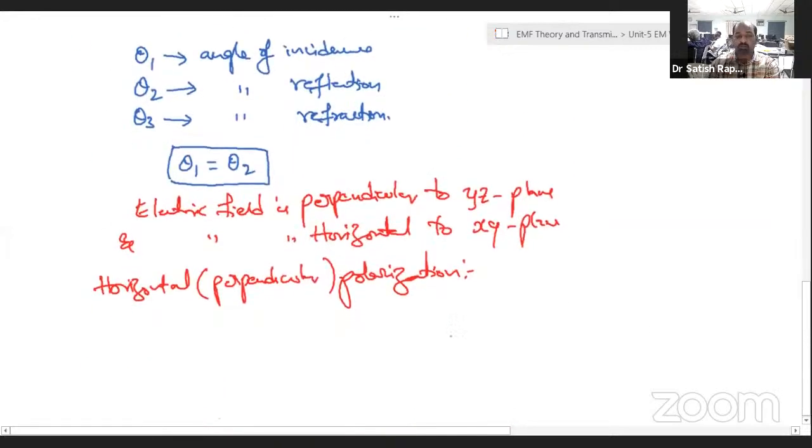So horizontal or perpendicular polarization means what? Let me write down.